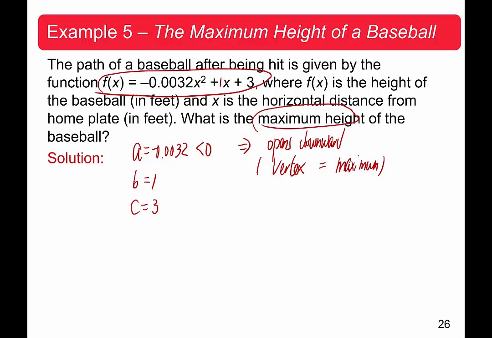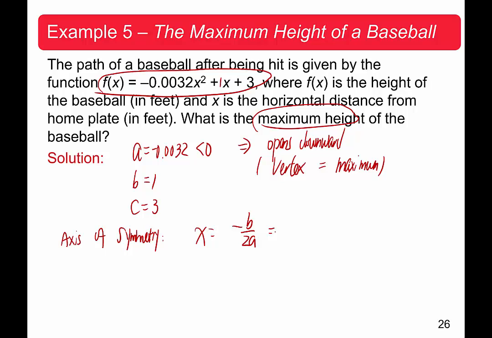If we just apply the formula, the axis of symmetry should be x equals negative b over 2a.